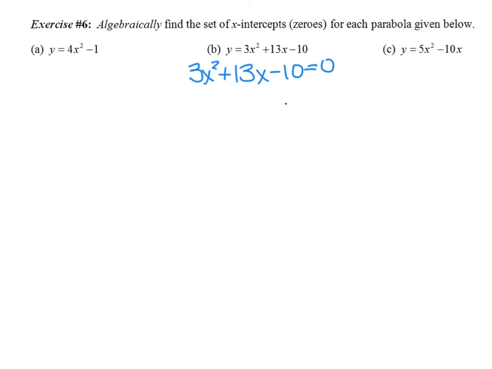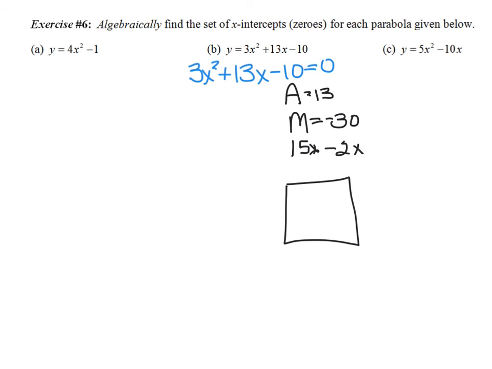I want to add to get the 13 in the middle, and multiply to get the product 3 times -10, which is -30. I think that might work out with a 15 and a -2, so I'll put an x by each of those and go ahead and make my box.